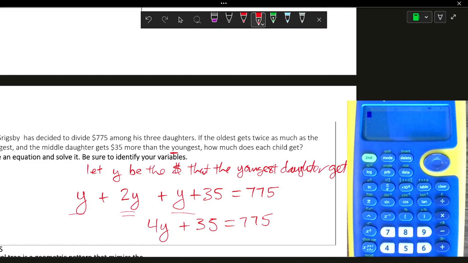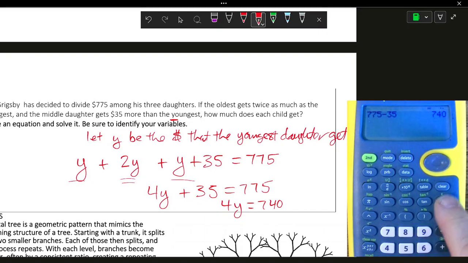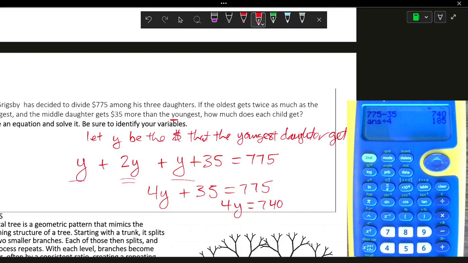So, yep, I'm right here in my calculator. 775 minus 35 gives me 740. Not ashamed to use that calculator. 4y is 740. And I'm going to divide by 4. 740 divided by 4 gives me $185. So y is 185.